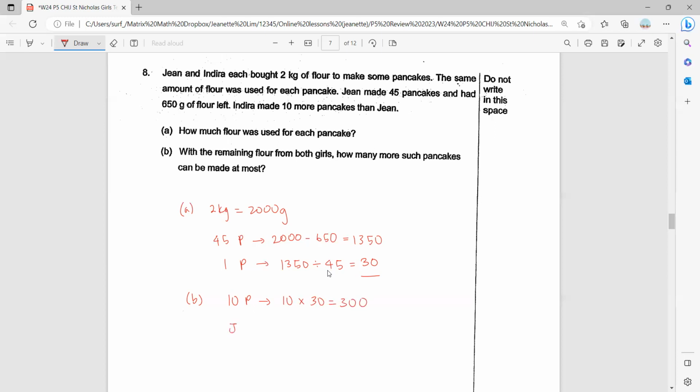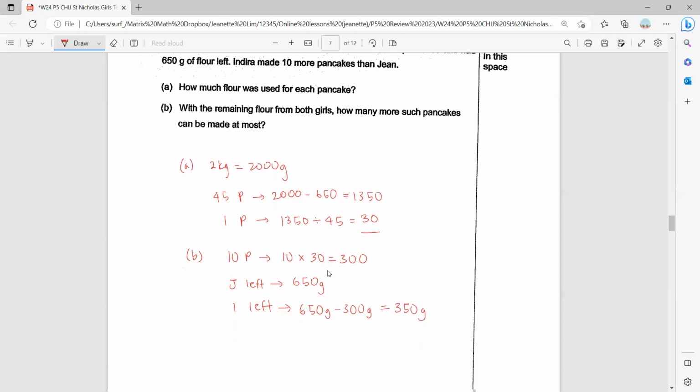So if Jean is left with 650 grams, what about Indira? Indira would have less flour left, right? How much less? It will be 300 grams less, so minus 300 grams, because she used that for the extra 10 pancakes.